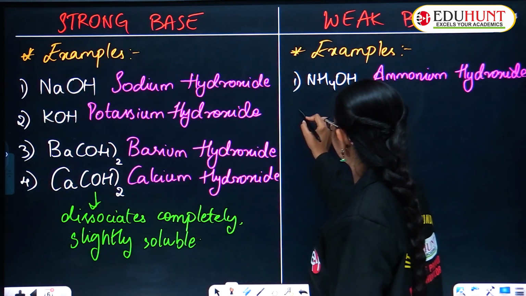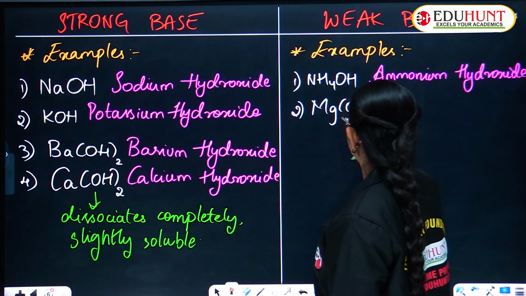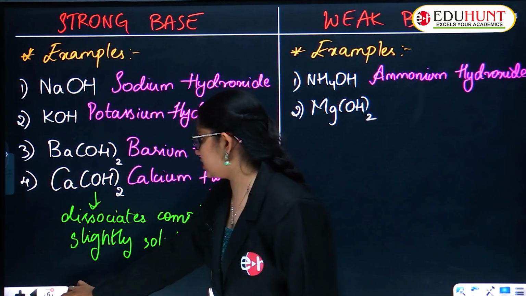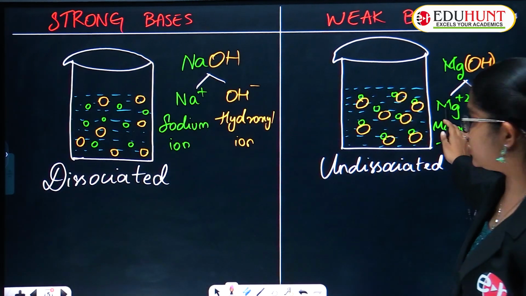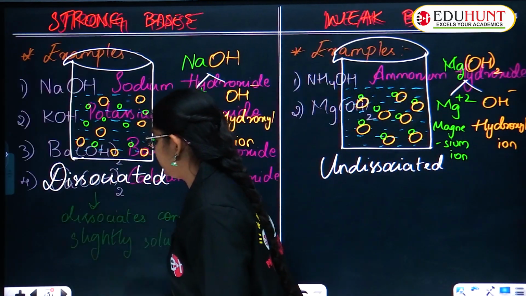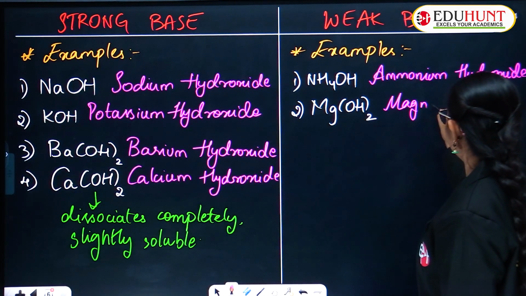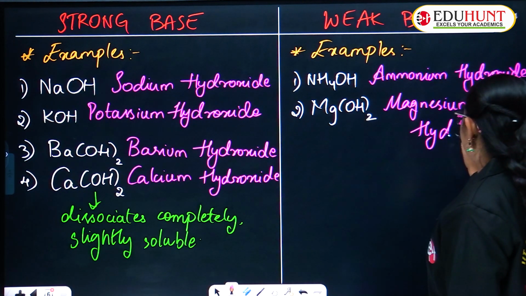What is Mg(OH)2? Before, on the previous page, I took an example, no? For weak base, Mg(OH)2. Yes. So I'll write here. What is that named? Magnesium hydroxide.